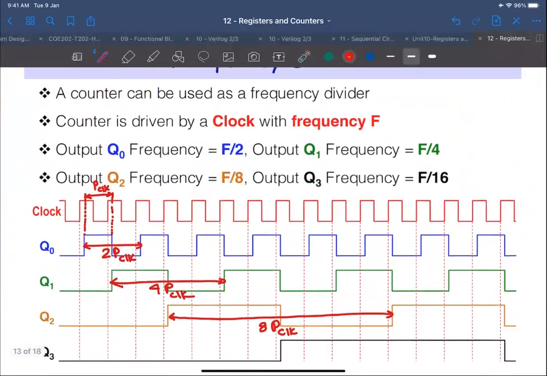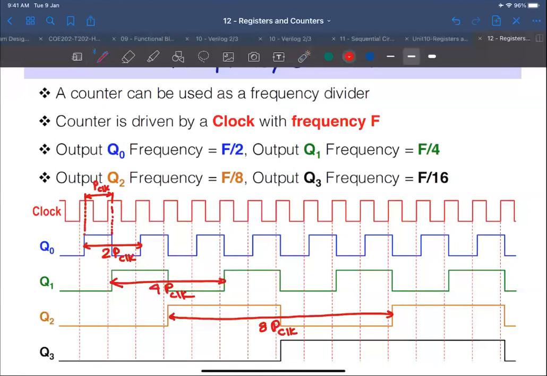So what are the frequencies? For Q0, the frequency is F over 2, where F is the clock frequency, and Q1 has a frequency of F over 4, and Q2 has a frequency of F over 8, and Q3 has a frequency of F over 16.